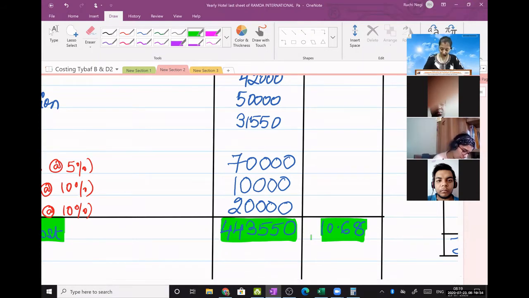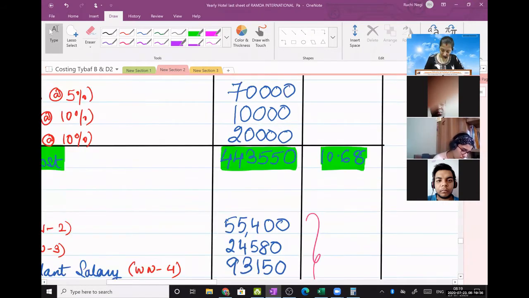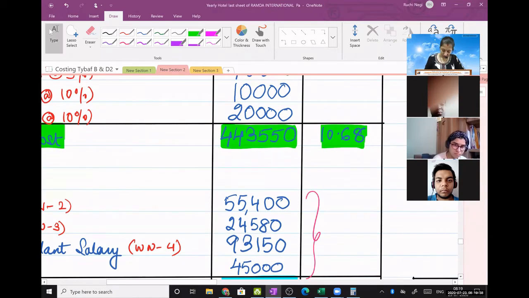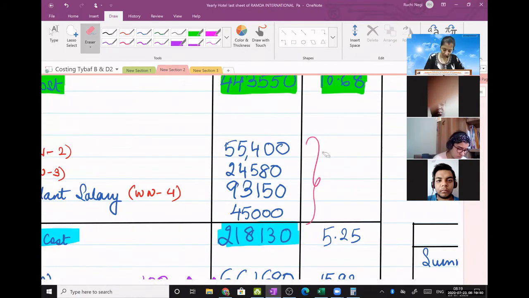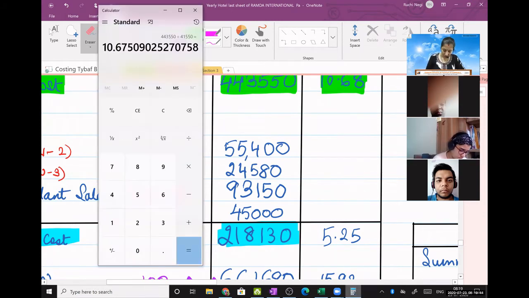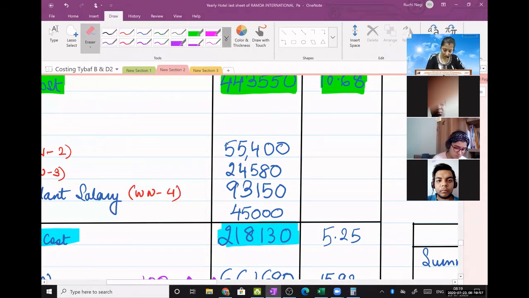Next, 2,18,130 divided by 41,550: 5.249. Make it 5.25, round off.